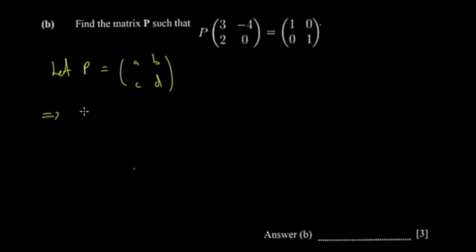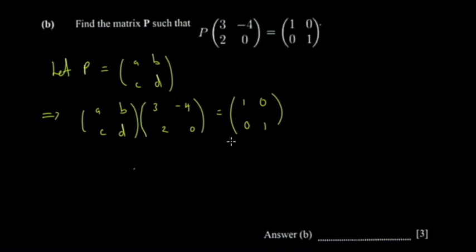So you'd say A, B, C, D like this, which is P, multiplied by 3 minus 4, 2, 0, equal to 1, 0, 0, 1 like this. So now you're going to do row by column. This row by this column, you get 3A plus 2B.